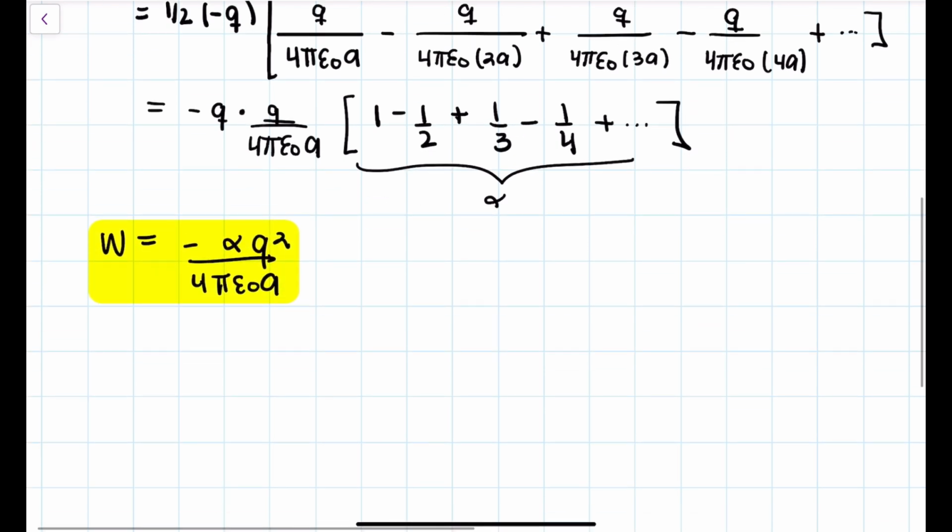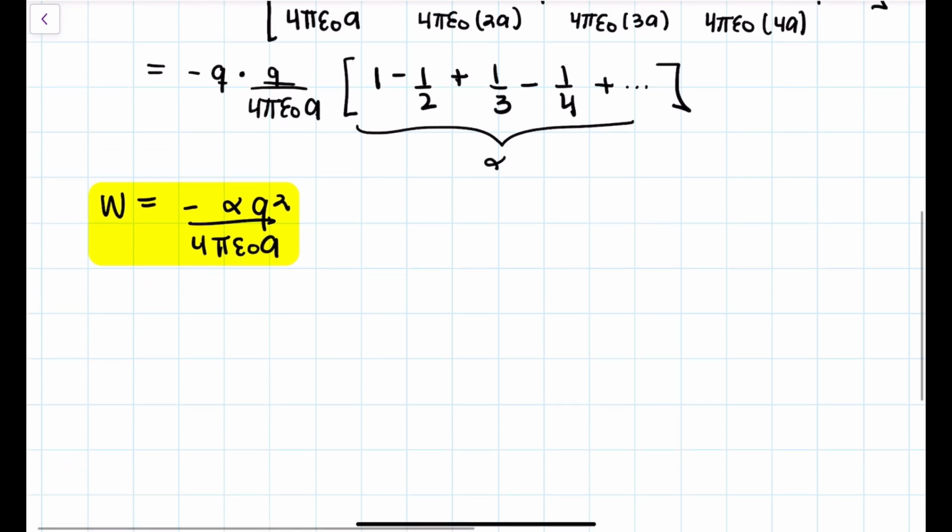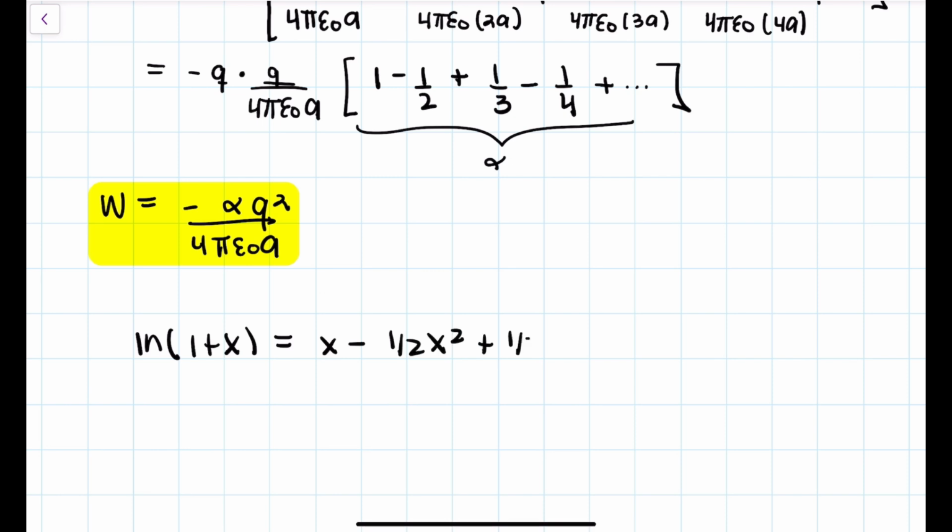Okay, but now we have to actually determine what the constant is. To do this, we can look at the Taylor expansion of natural log of 1 plus x. And this one looks like this. And it's very similar to what we have.